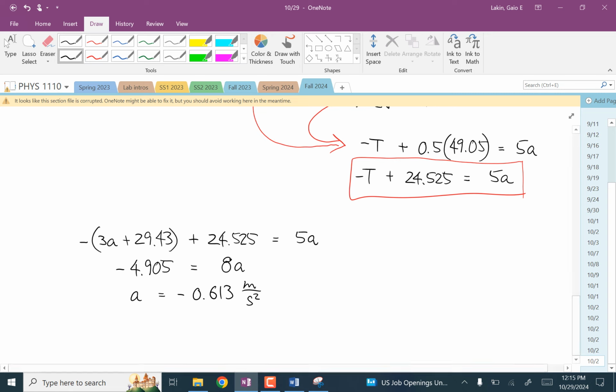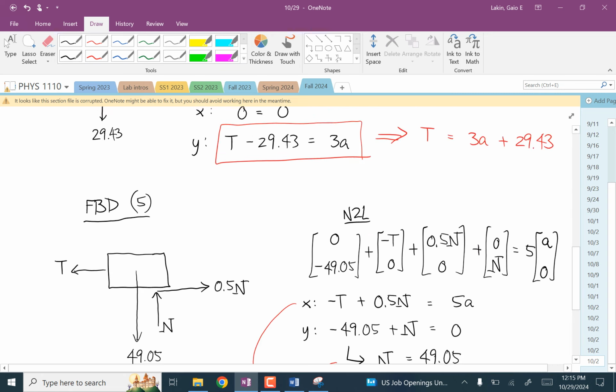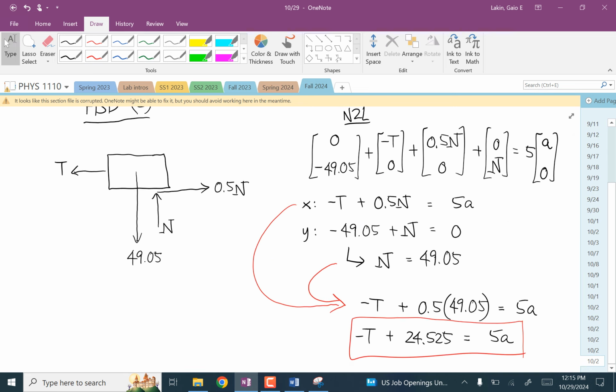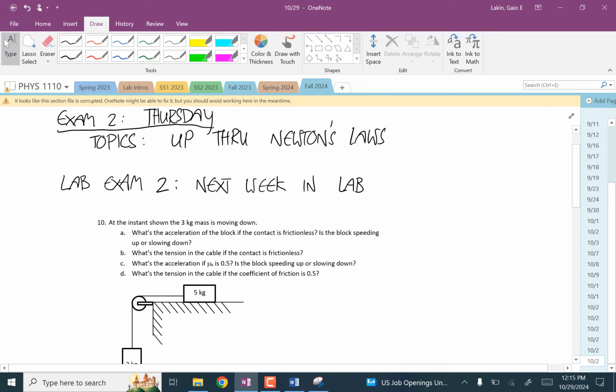And then if you want the acceleration vector of either one of those bodies, you can plug it into what we have as the acceleration for each one. This is the acceleration for the 3 kilogram. This is the acceleration for the 5 kilogram. Does this ask for a specific one?